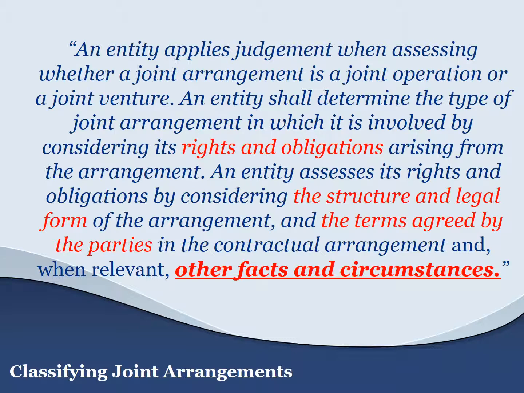An entity shall determine the type of joint arrangement in which it is involved by considering its rights and obligations arising from the arrangement. An entity assesses its rights and obligations by considering the structure and the legal form of the arrangement and the terms agreed by the parties in the contractual arrangement, and when relevant, other facts and circumstances relevant to that arrangement.